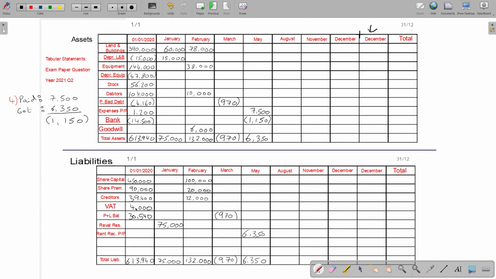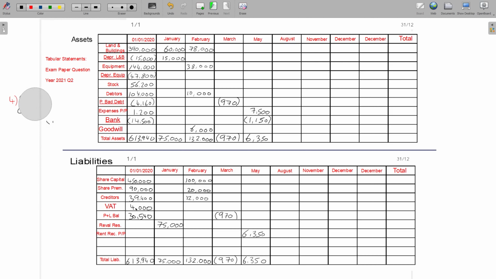And we're going to have to see what is actually going to be left in the balance sheet at the end of the year. So we're going to have to do a lot of writing to get this right. This is still part 4, but we're going to be doing part II.